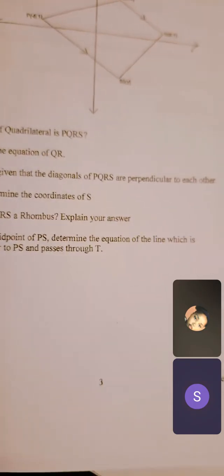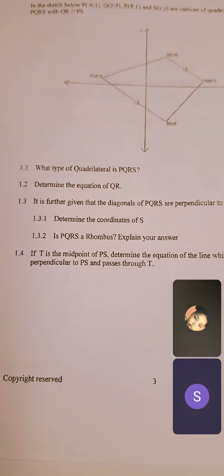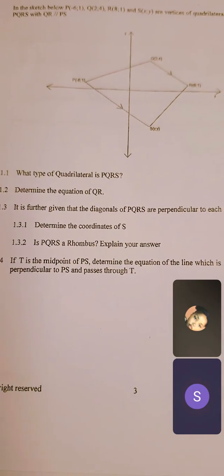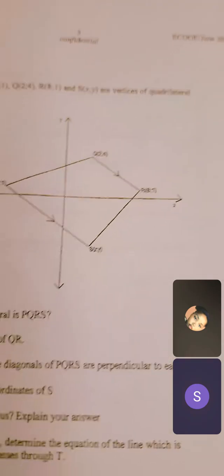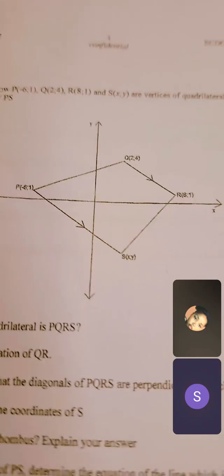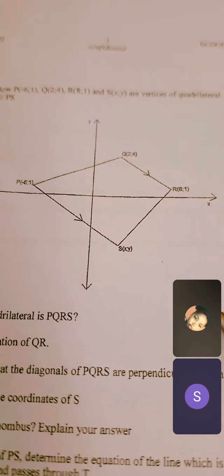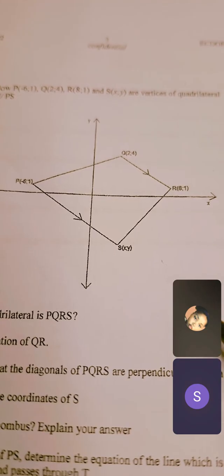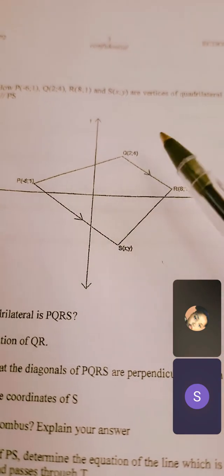First of all, sir, the opposite sides are not parallel. The opposite sides are not equal.